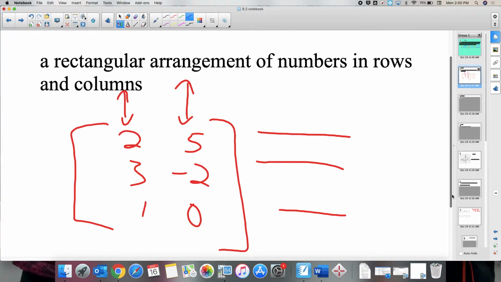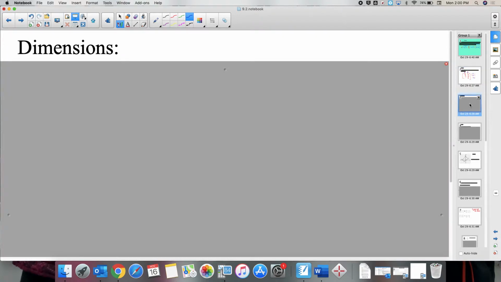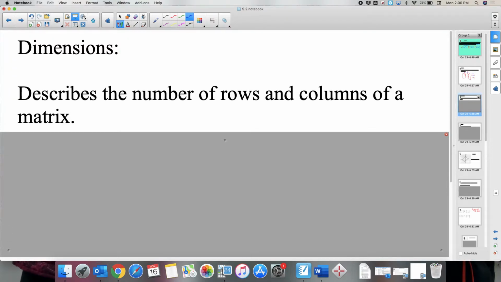So here you will see there are 3 rows, row 1, row 2, and row 3, and there are 2 columns, column 1 and column 2. Those dimensions, they tell me how many rows and columns there are.